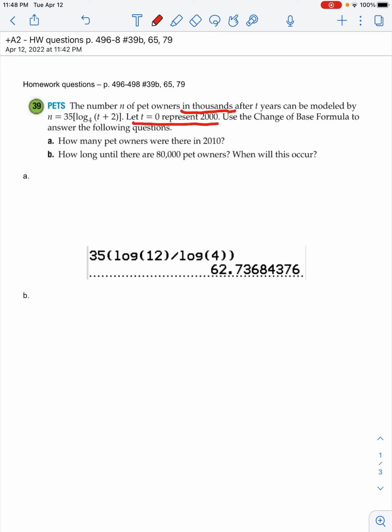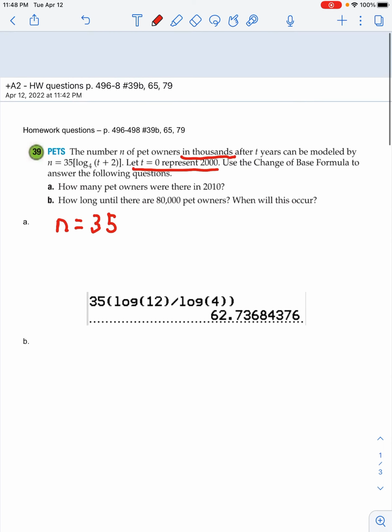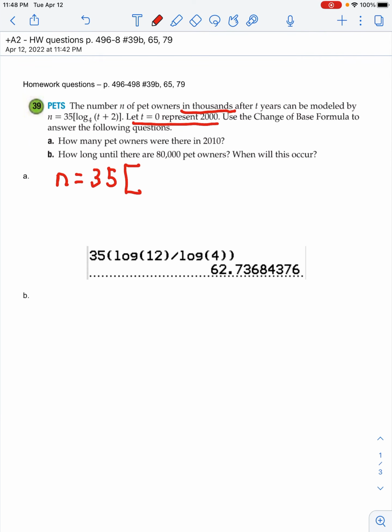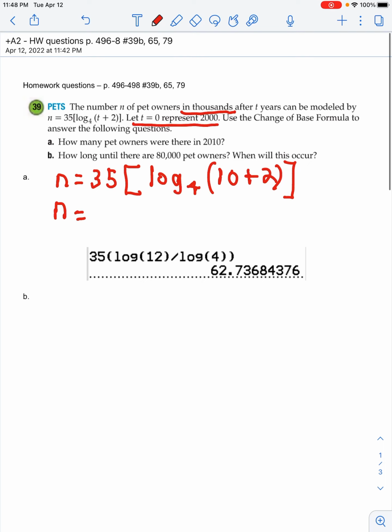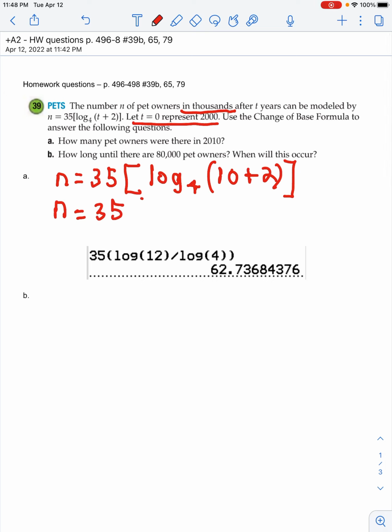And all we need to do in part A is substitute in with 10 to our formula, and n would equal 35 times log base 4 of, when you put in 10 plus 2 really becomes log base 4 of 12. So n's going to equal 35 times log base 4 of 12.